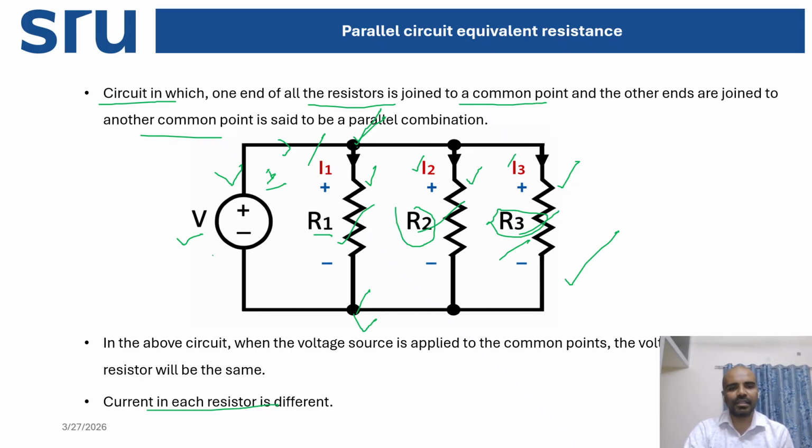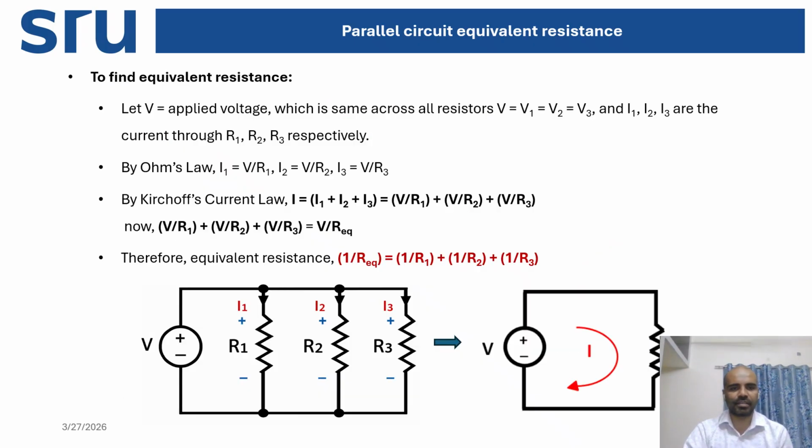So voltage V is applied to each resistance: the voltage drop across R1 is V, across R2 is V, and across R3 is V. The voltage drop across each resistor is the same, but the current is divided among the different circuit elements. So I equals I1 plus I2 plus I3. I hope it is clear what a parallel circuit is.